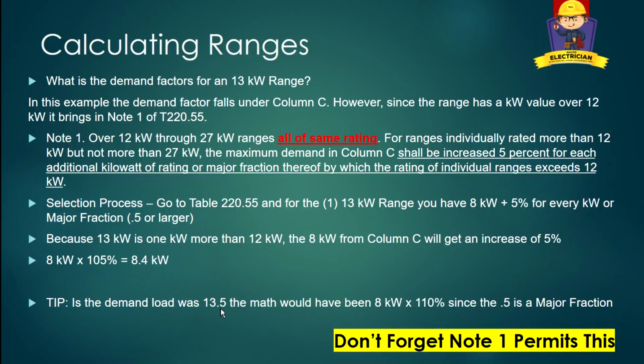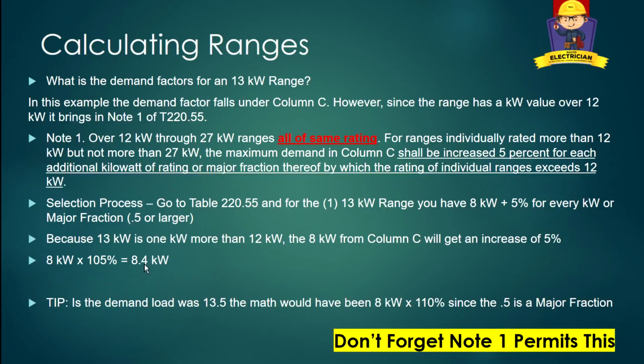For example, if it was 13.5, then from 12 to 13 is 1 kilowatt, but the 0.5 is a major fraction, so that's another 5%. So it'd be 10%. It could have been 8 kilowatts times 110%. That's how you do the major fraction if it's 0.5 and larger.